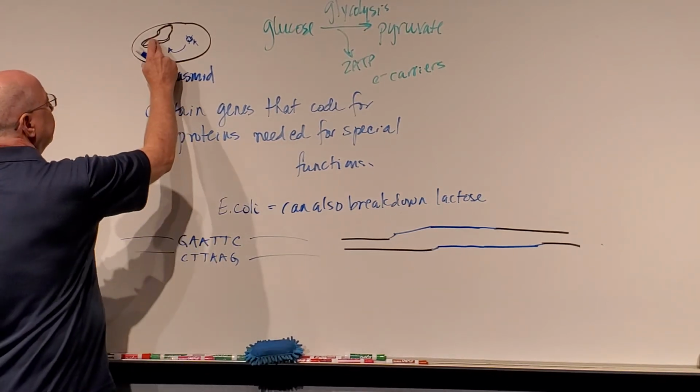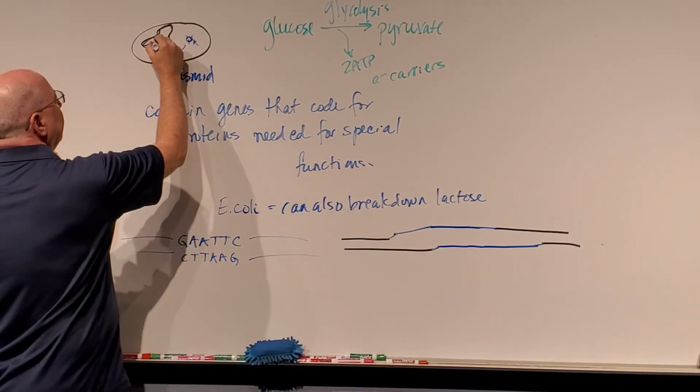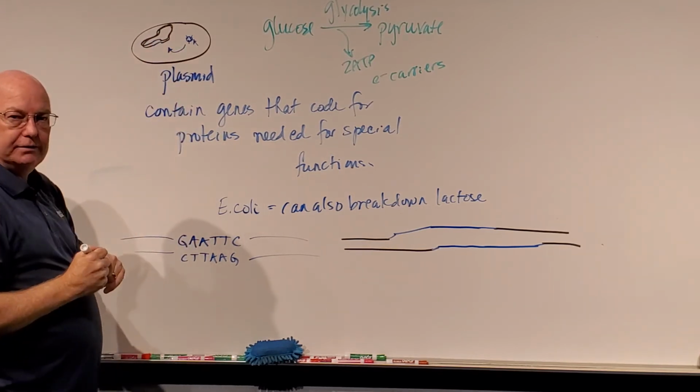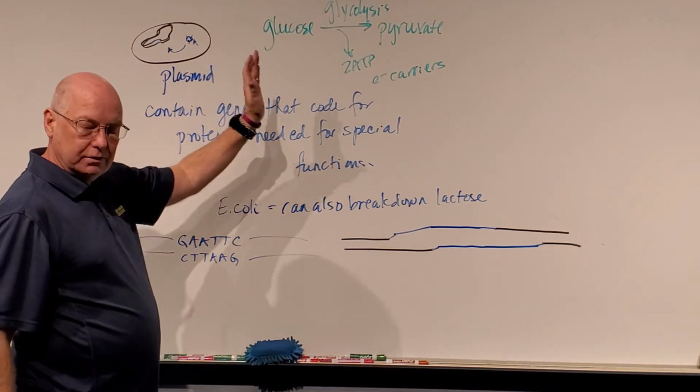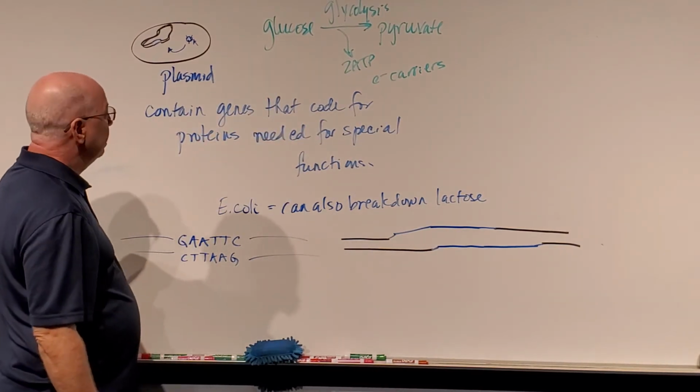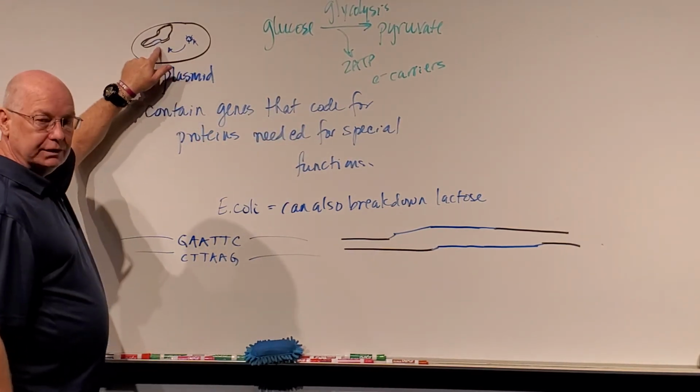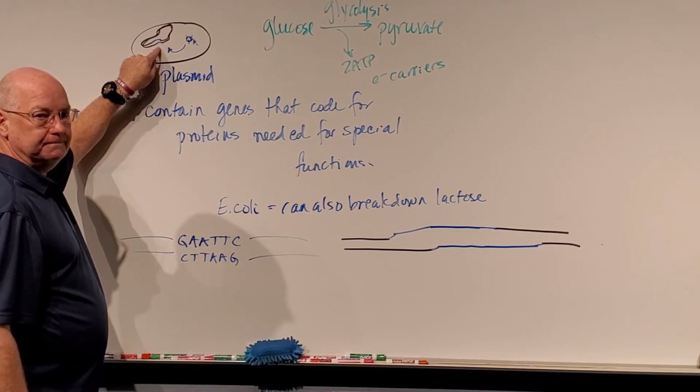And I could literally cut a little site open here and insert a gene if I need it, so that when I'm using this chromosomal DNA to make RNA and proteins, now I've got the ability to make this protein temporarily.